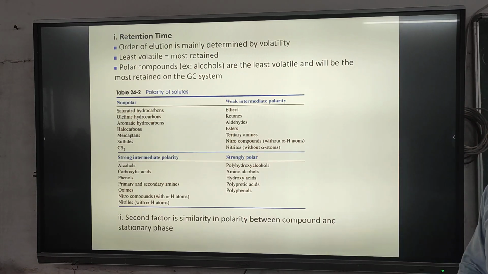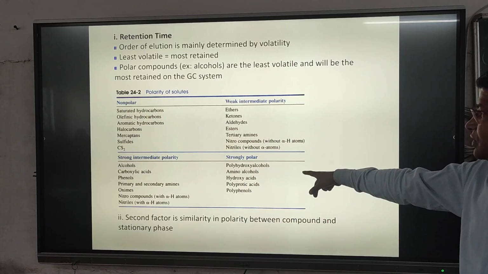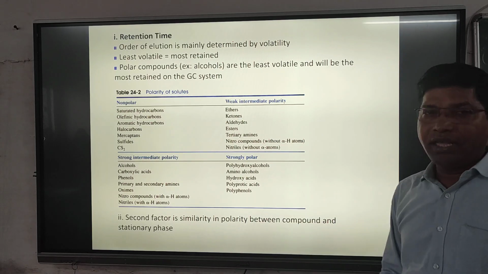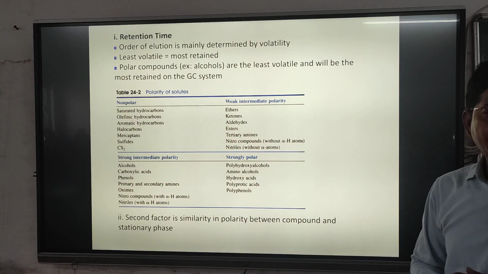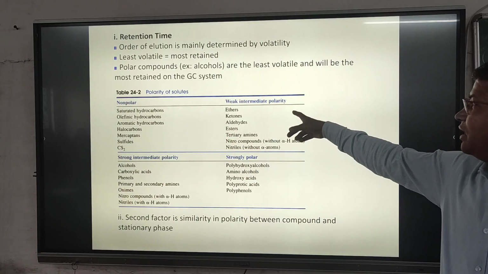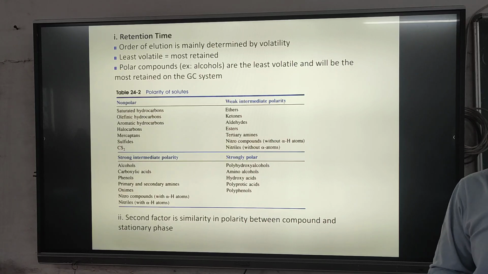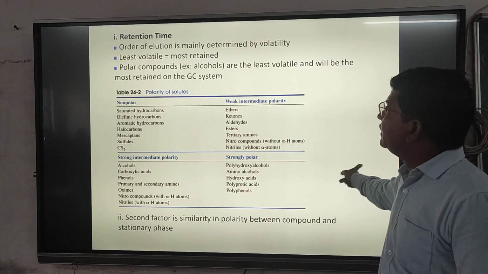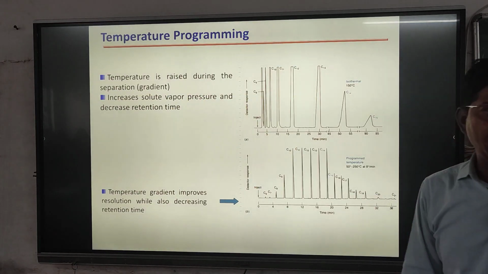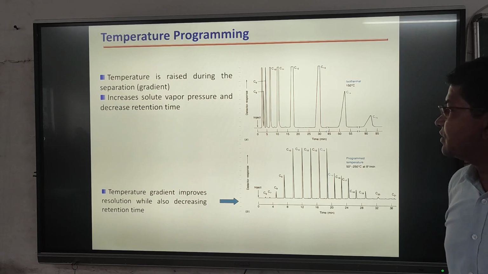Here we can see the separation of some compounds. As we know, the more polar the compounds are, the more they are retained in the column, and the compounds which are non-polar are easily volatile and reach the detector fast. Then there is temperature programming, which is very important in gas chromatography.